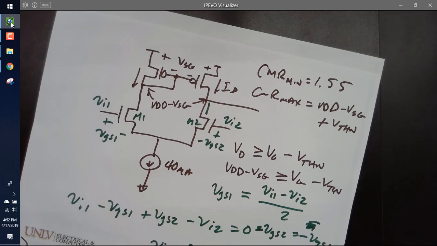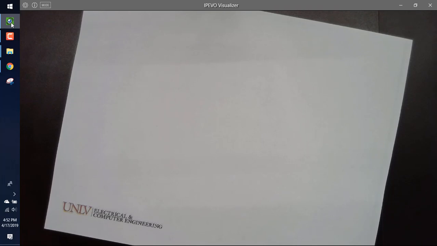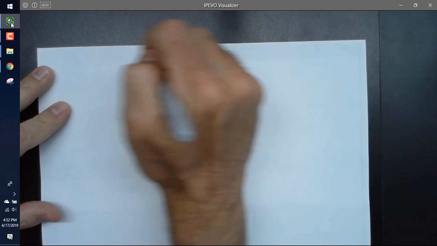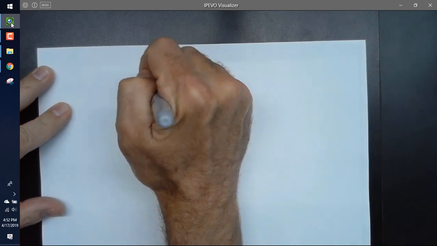Okay, so let me give you some other suggestions here, and then I'm going to go through the topology. I'll use the basic diff amp to go through the topology. So I want you to think about the following.